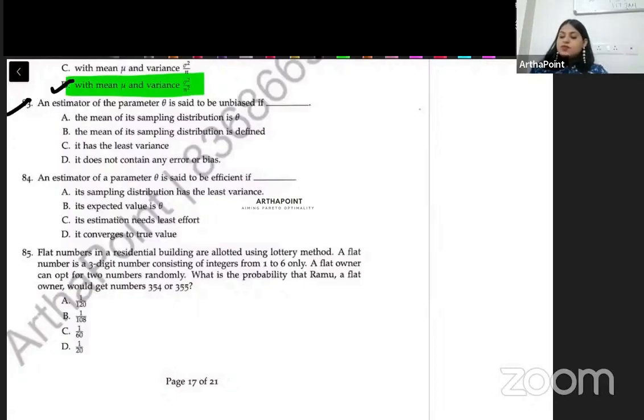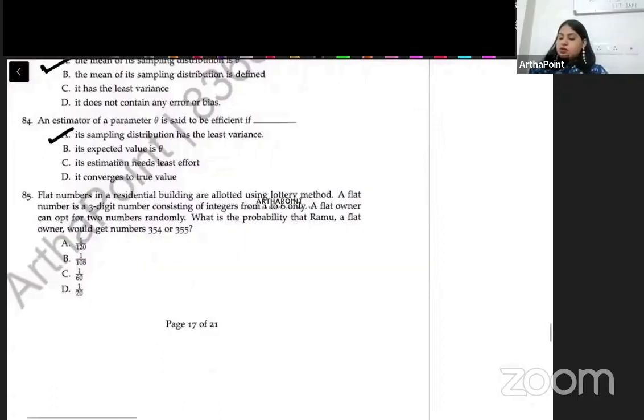So the answer is A. Come to the next one. It is said to be efficient if... So when is it efficient? If it has the least variance. So the answer to this is that it should have the least variance, so A. Okay, come to the next question.